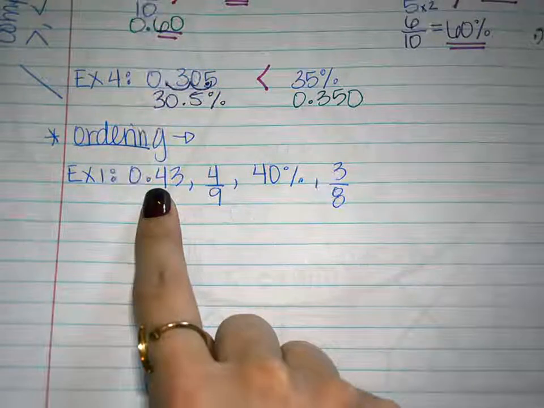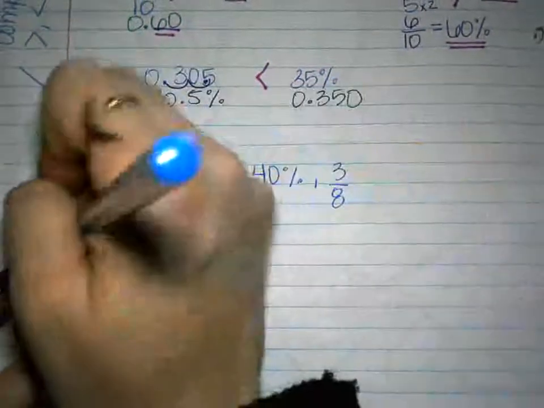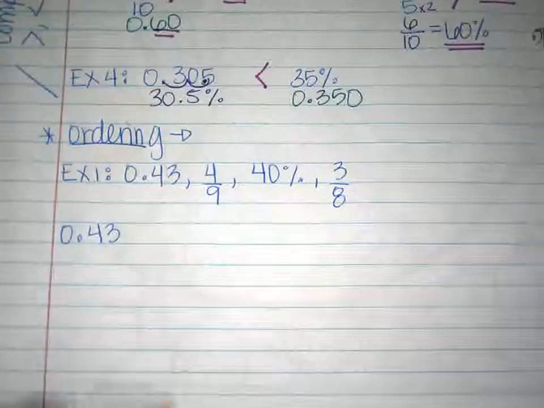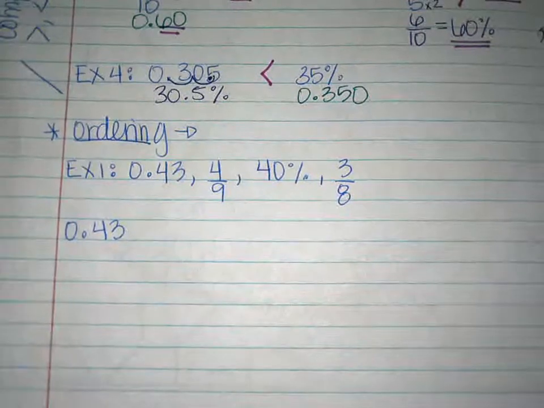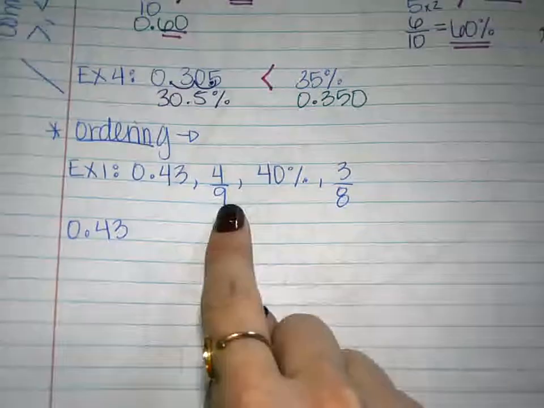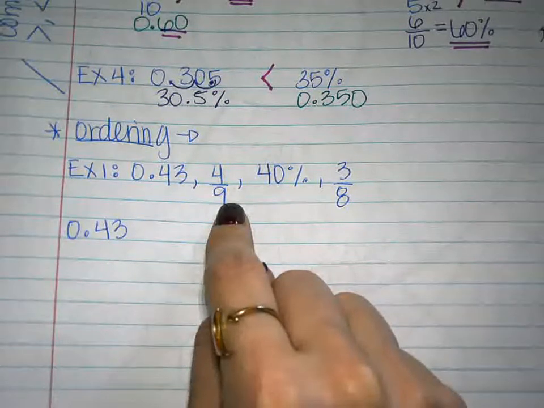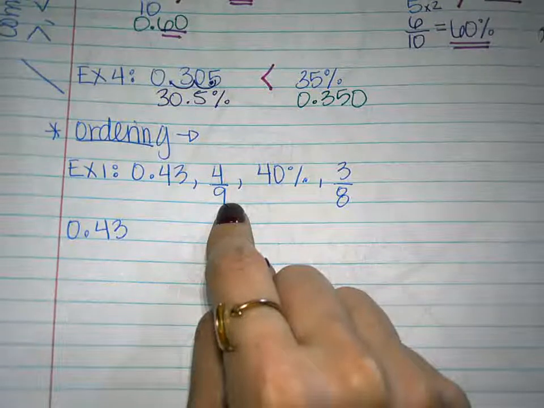First one, is it a decimal already? Yes. So do we have to change it? No. So I'm going to write it down like this. My next number, I have a fraction. How do I change a fraction into a decimal? Divide.